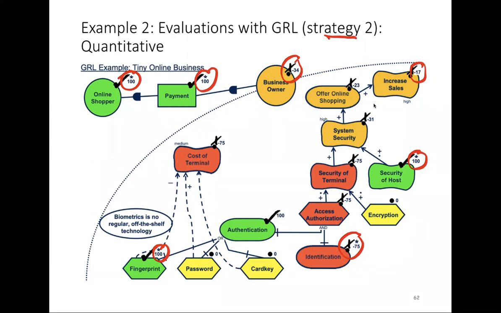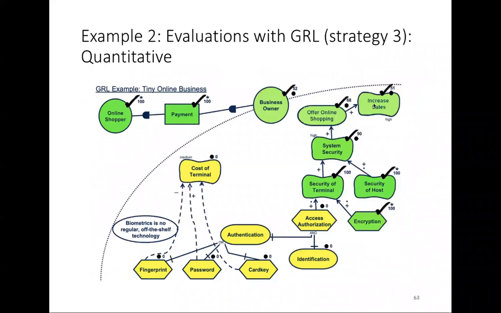Now, if we use the third strategy, if I assume the security of host is 100%, the encryption is 100%, and we still have 100% for the payment and 100% for the online shopper, while we use neutral or just zero values for the fingerprint, the password, the card key, and even the identification.